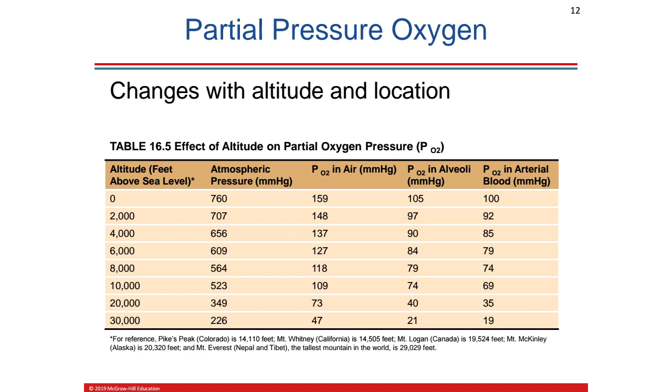Now, what's quite interesting as you go up to higher and higher altitude is, of course, the atmospheric pressure drops, which is what you'd expect. And then the partial pressure of oxygen in the air also drops. Now, these numbers can be arrived at very easily just by multiplying the total atmospheric pressure by, again, roughly 0.21.